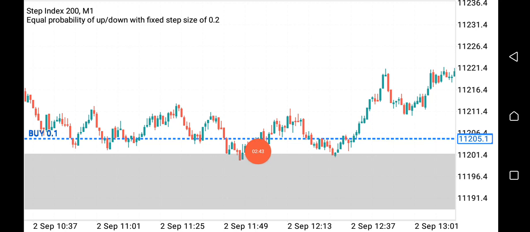Anytime the market gets to your zone, your point of interest, once it taps into it, you have to look out for a reversal pattern.